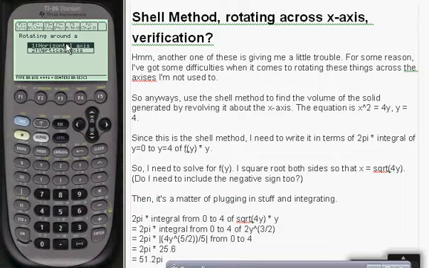In any other ones like disk and washers, that would be around the x-axis is 2 pi times the integral of p of x times h of x dx. I don't know why they switch it around, but for whatever reason these are all simple, pathetic functions that they give you here, all set up to make you think that you're solving something, but it's just stupid puzzles that calculus does.